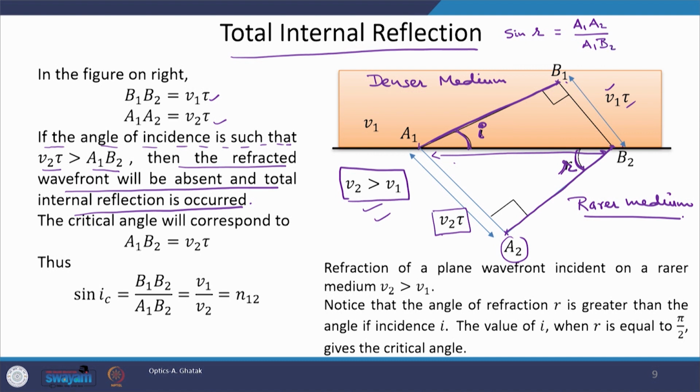Now, if we want V2 tau, or A1 A2, to be larger than A1 B2, then what will happen? The refraction will never happen.